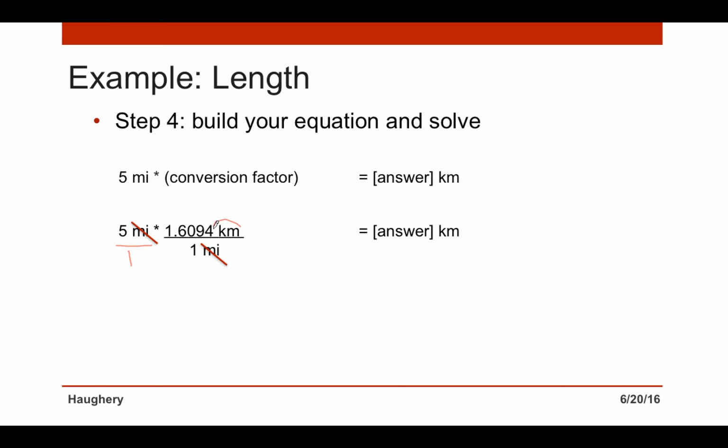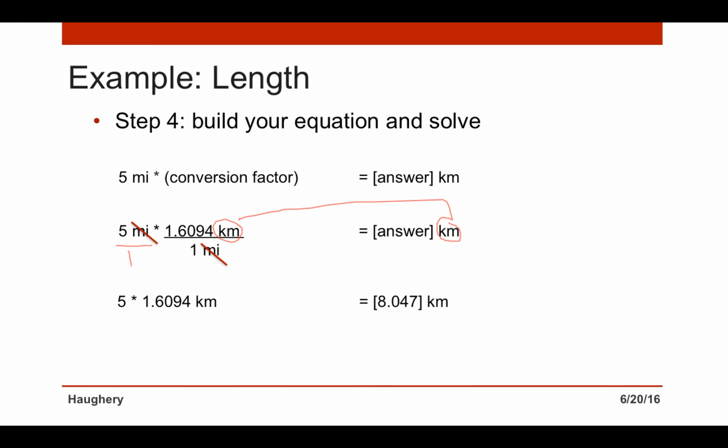And we're left with kilometers, which is why over here we're left with kilometers. So this is how we get rid of miles and convert to kilometers. It's very important though that we set these denominator, numerator units up properly to be able to cancel out. So of course we can cancel out and we get 8.047 kilometers.